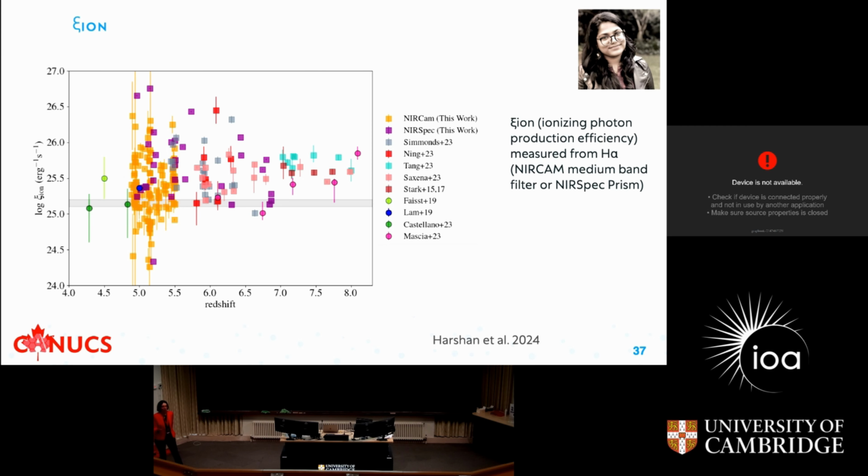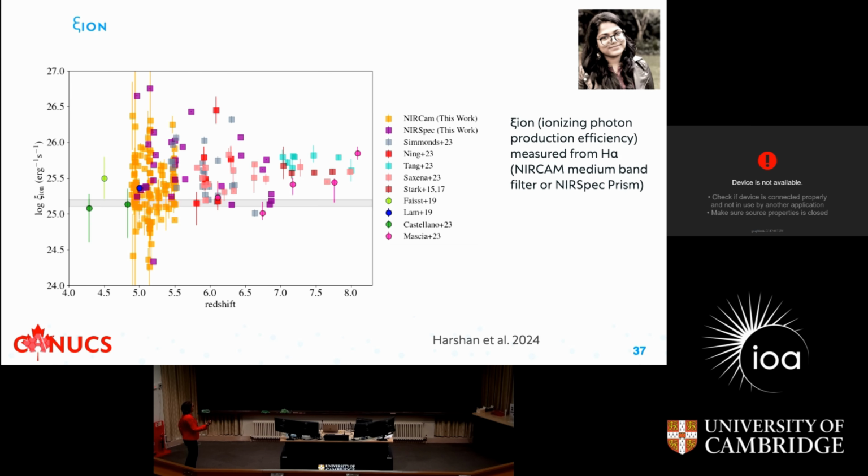For those of you who might not be so excited about reionization and early galaxies, Xi-ion is the ionizing photon production efficiency, meaning how many ionizing photons a galaxy can produce. And you need those ionizing photons to ionize the universe.